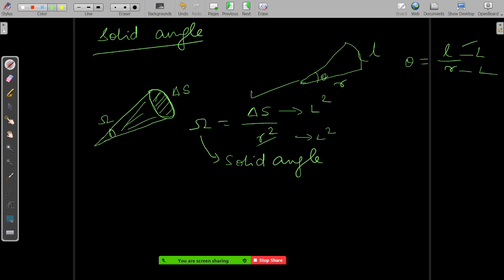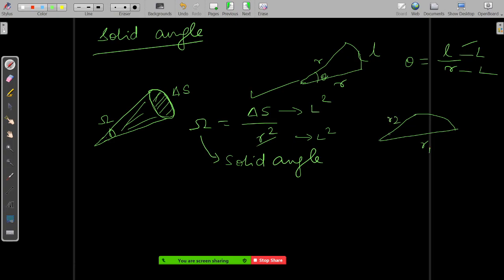Now, if the surface was not perfectly in this way, let's say the surface was something like this. It was not making an angle, I mean, it was R1 and this was R2, something like this.